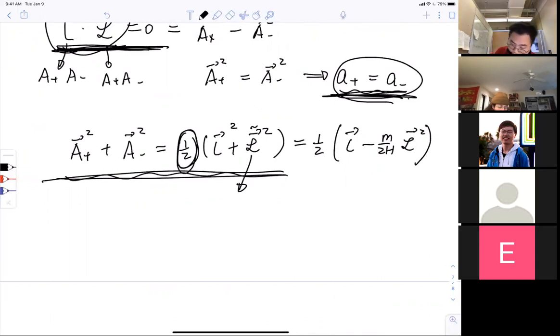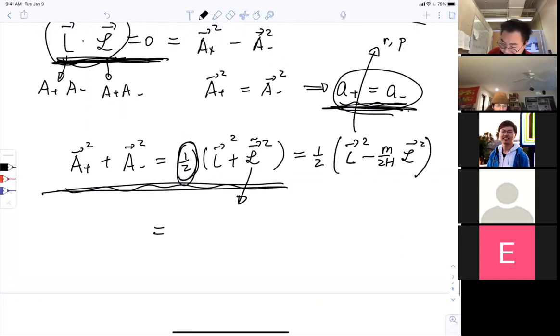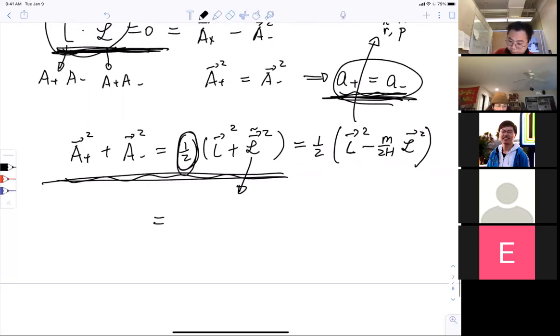And we know what L and what the Runge-Lenz vector K are. They're operators made up of R and P. So you simplify them, and you would get, okay, I also didn't remember the results. I think Yaroslav did this in class, right?